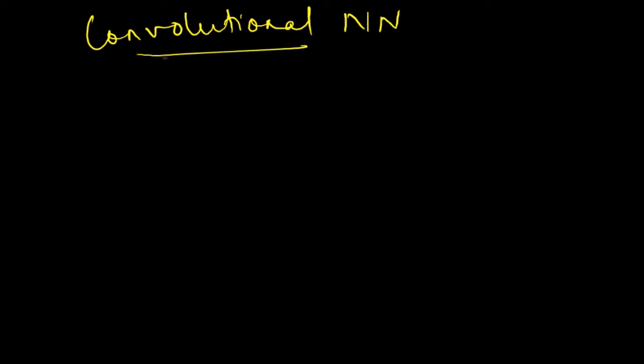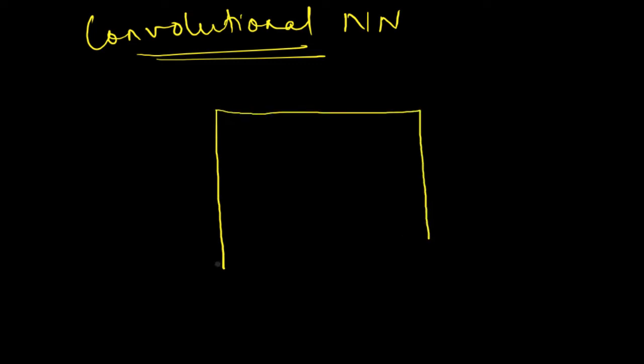So in the case of CNN, convolutional neural networks, essentially what you do is that you take an image, for example. Let's take a 2D image, which basically means a collection of pixels. Let's say you have these different pixels over here, and each pixel has some value. If it's a black and white image, it will have only one channel, but if it's a colored image, it will have a red, blue, green channel.